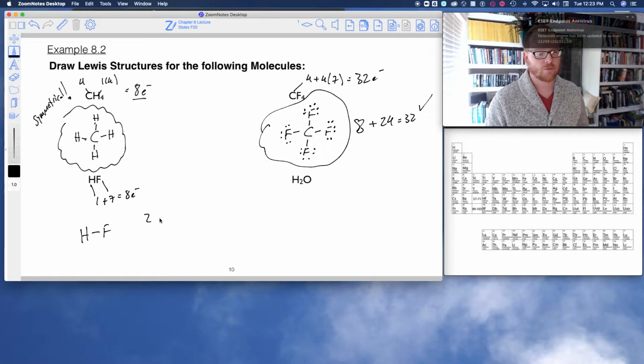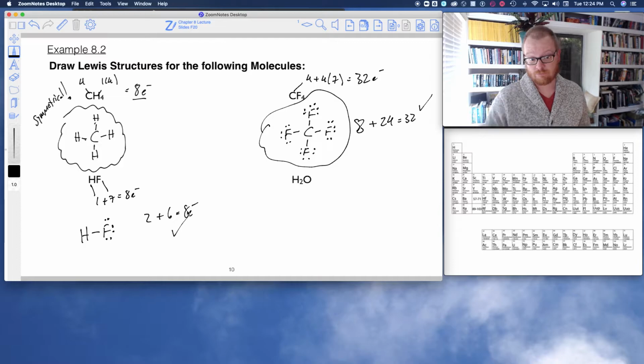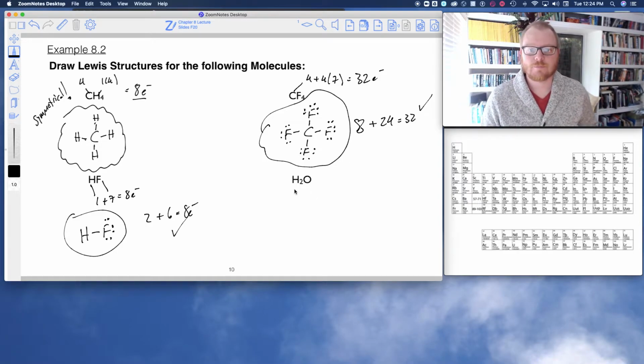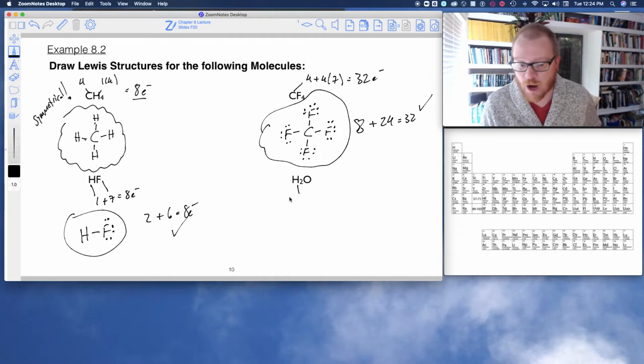Two. 2, 4, 6. Great. That's it. So 1 electron for hydrogen, and there's 2. 1, 2, 3, 4, 5, 6 for oxygen.